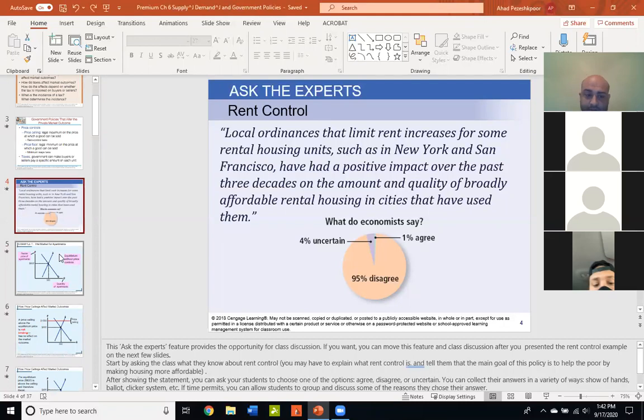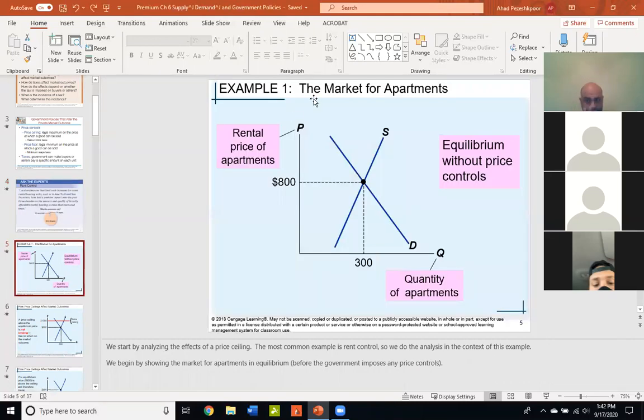Let's look at what happened. When there is no government intervention, let's assume this is Raleigh. There are 300 apartments available, and the rent of each apartment is $800. Now, this number is not some made-up number. This number is the result of many negotiations, many smart people fighting over profits, haggling, negotiating, looking for cheaper suppliers, looking for cheaper material to build houses, looking for the most efficient technology.